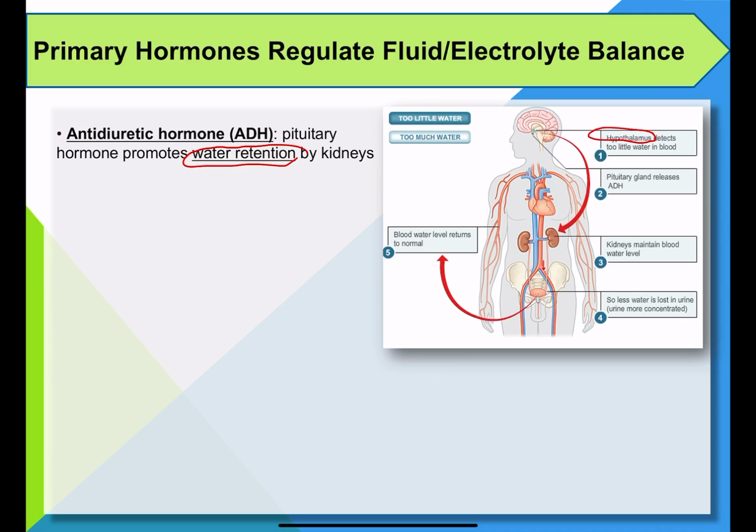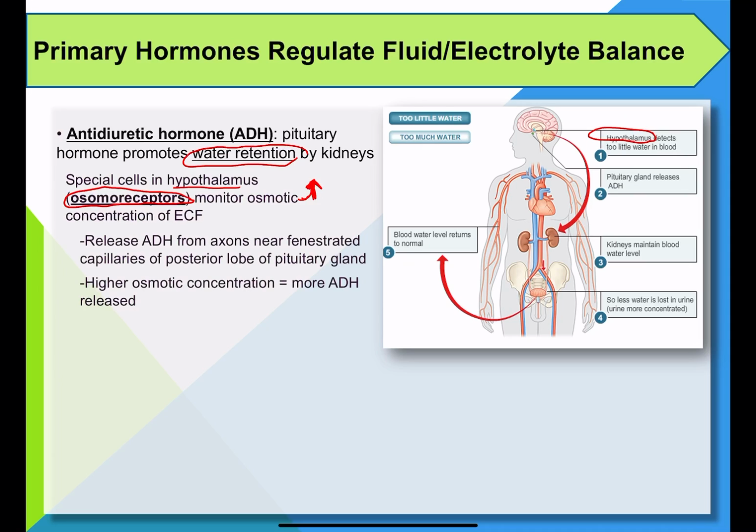Okay, so special cells in the hypothalamus called osmoreceptors monitor the osmotic concentration of your ECF. If osmotic concentration goes up, that means there's too many solutes in the body, so we need to dilute that out, and your hypothalamus will then trigger the release of ADH and distribute it through the body via your neurohypophysis.